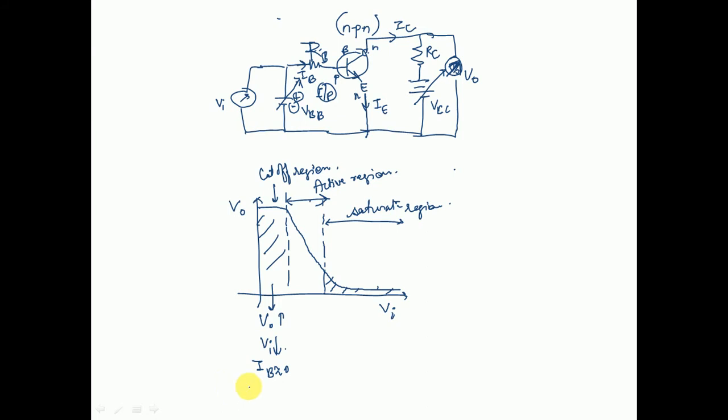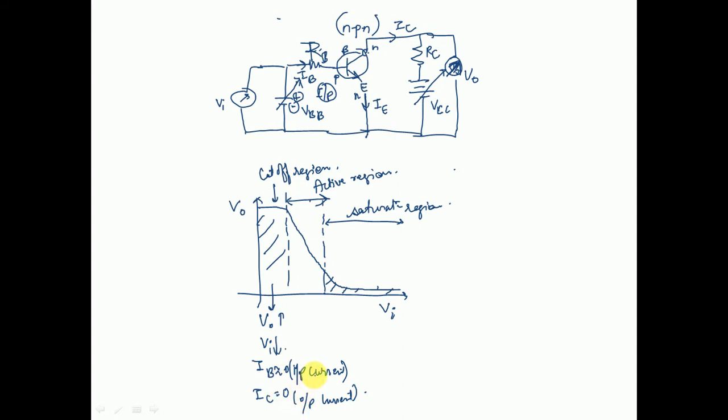Now, if IB is equal to 0, then IC will also be equal to 0. Why is it so? Because if the forward direction current does not flow, then the emitter current will also not flow. Both are linked together. IB can be called your input current, and IC is of course your output current.